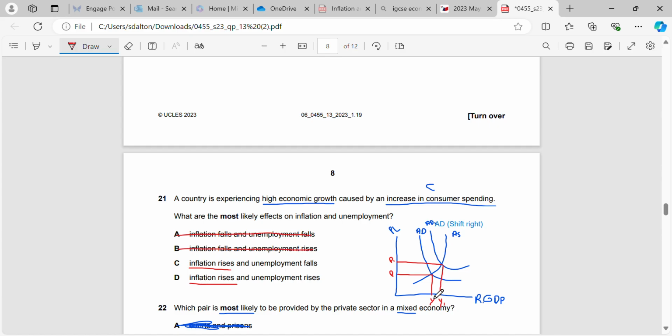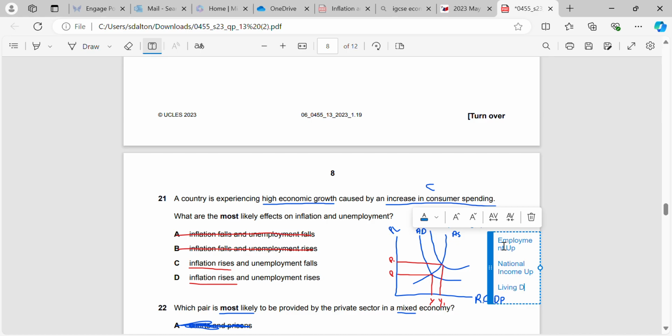And when real GDP rises, what you should all know from my class at this stage is that we can describe that as having employment up, national income up, living standards up. Right? Now, why does that happen? Because if we have an increase in real GDP, remember that would be inflation adjusted real GDP also, it's not nominal.